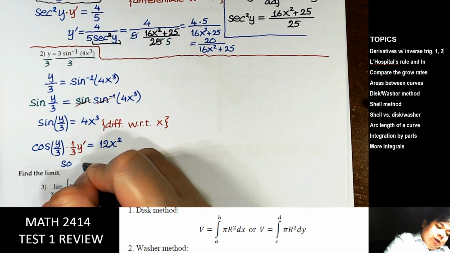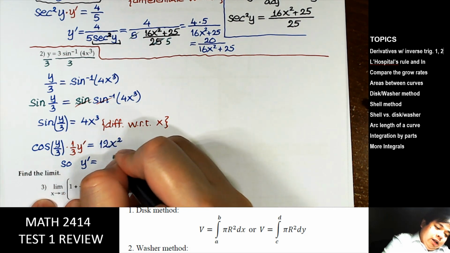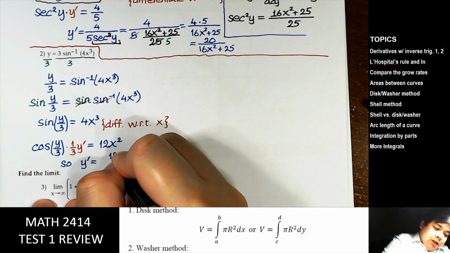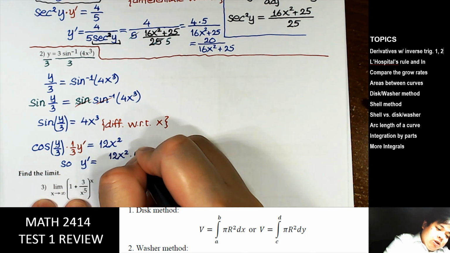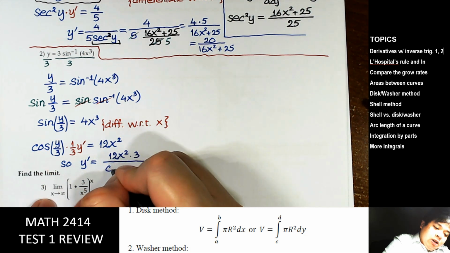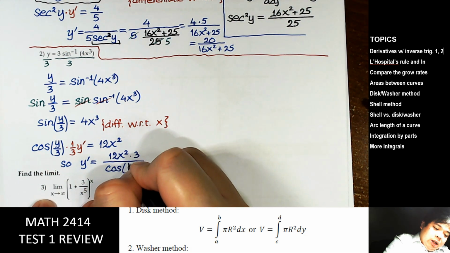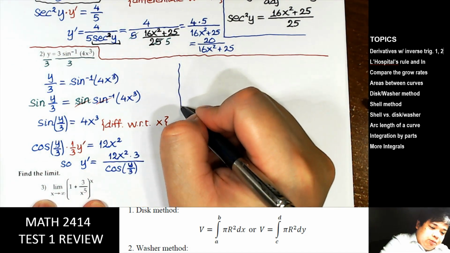So y prime equals 12x square times 3 divided by cosine of y over 3. Don't get too hung up with the y over 3. That will work out perfectly.